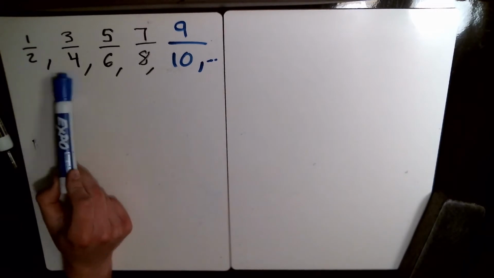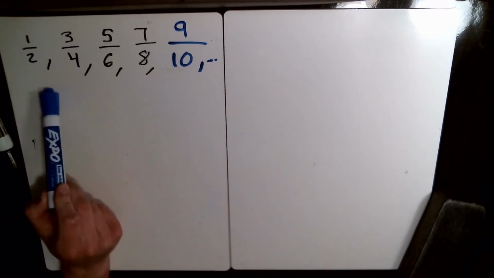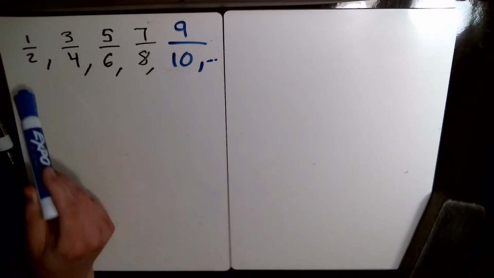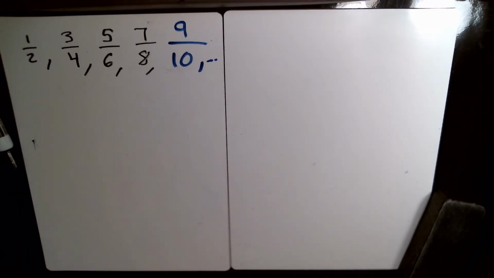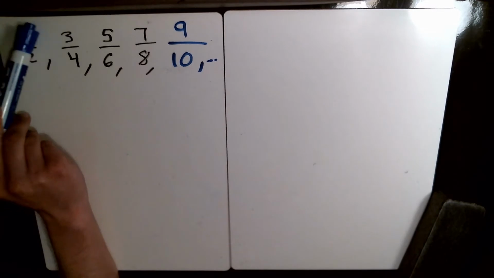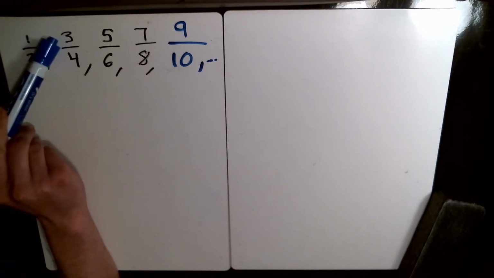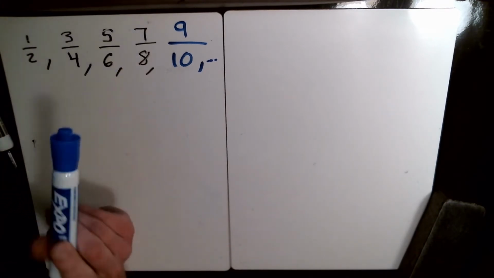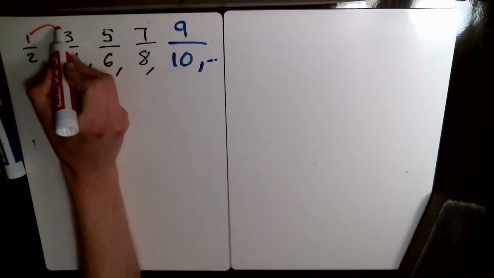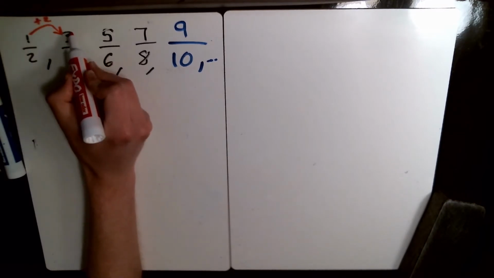So whenever you get a sequence, normally your first step is to figure out what the pattern is. What's happening? Could I predict the next couple terms in the sequence? Yes, we can. We go from 1 to 3, then 3 to 5, and then 5 to 7. Each time those are going up by 2, the tops at least.